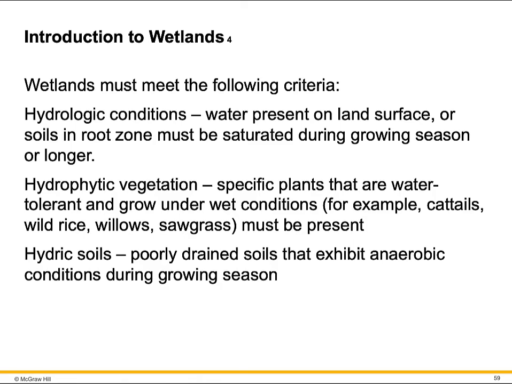These types of plants must be present. Hydric soils: poorly drained soils that exhibit anaerobic conditions during the growing season. Anaerobic, without oxygen.